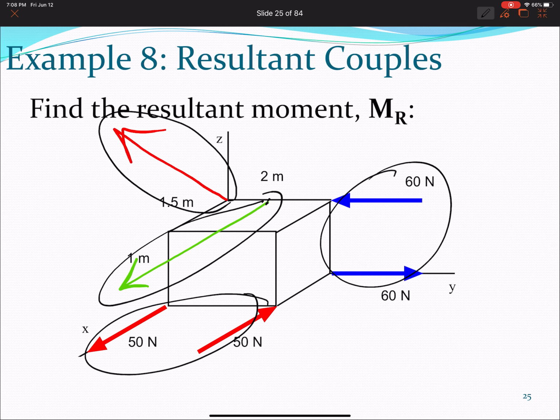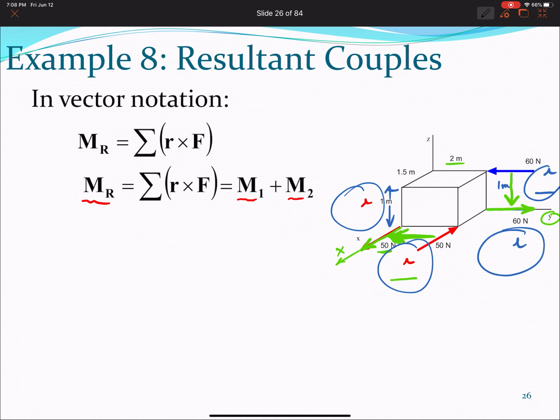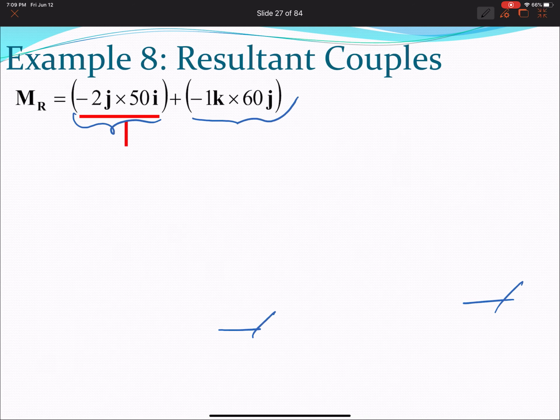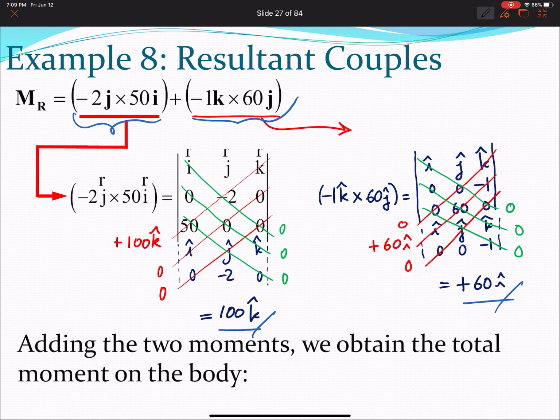For the single forces, you need to be given a specific point. It matters which point you want to calculate moments about. If you have couples, you know that it doesn't matter which point you pick. The moment will be the same. So that's what we just did: calculated total moments in a rigid body, and those moments were produced by couples. But we could as well have single forces causing moments.